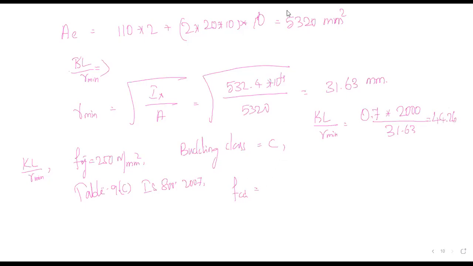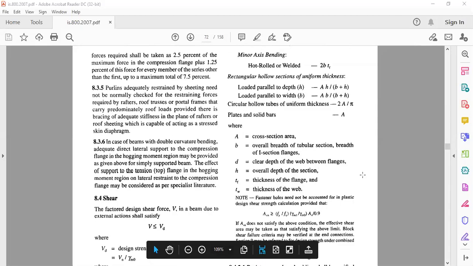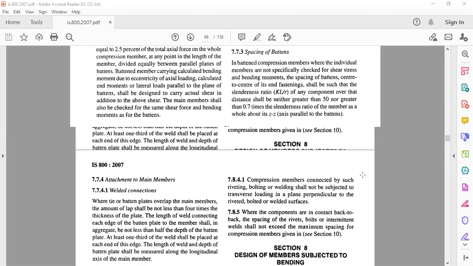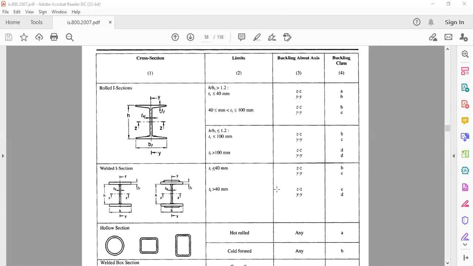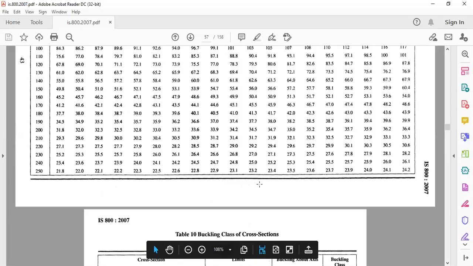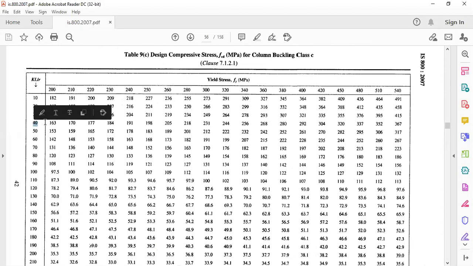Therefore from Table 9C, the buckling class for the welded I section is C. Then from Table 9C, KL by r minimum is 44 and Fy is 250.